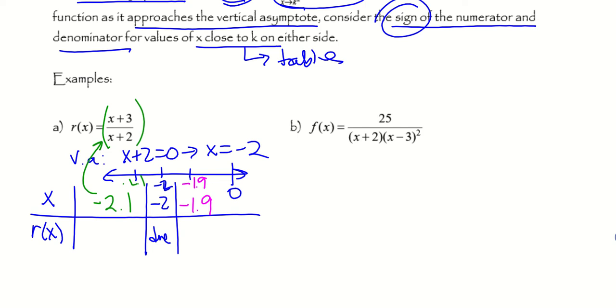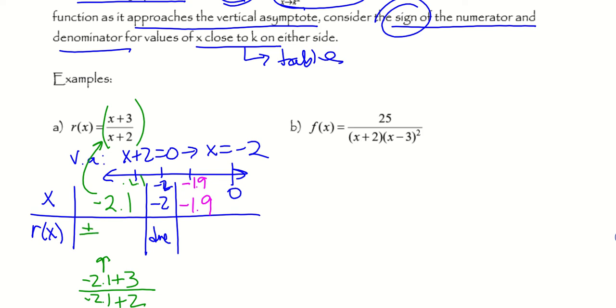So if I come in here and I take negative 2.1 plus 3, right, over negative 2.1 plus 2, since 2.1 is smaller than 3, negative 2.1 plus 3 is going to give me a positive value.